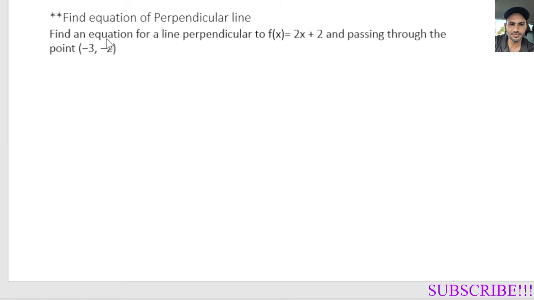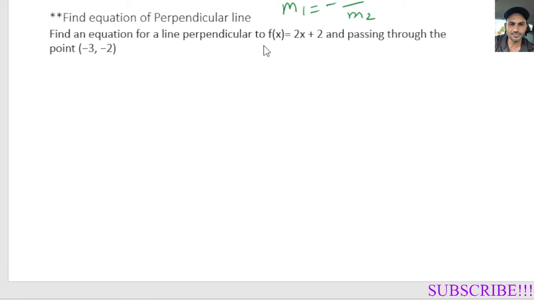Same thing here, we want to find an equation of a line which is perpendicular to this line and passes through the point right here. Again, this is the criteria: the slopes of the two lines are negative reciprocals. So if we know the slope of one line, we can find the slope of the second line, or if we know the slope of the second line, we can find the slope of the first.